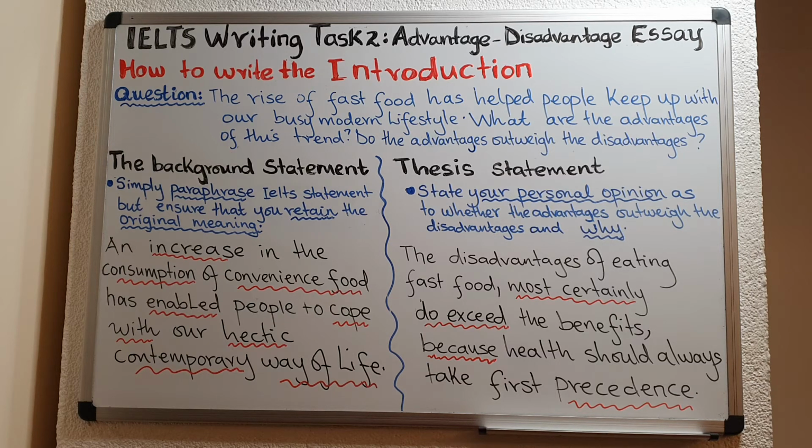Now, if you wanted, you could write of convenient food, of convenience food. The synonym for fast food is convenience food. The rise of fast food, an increase in the consumption of convenience food.